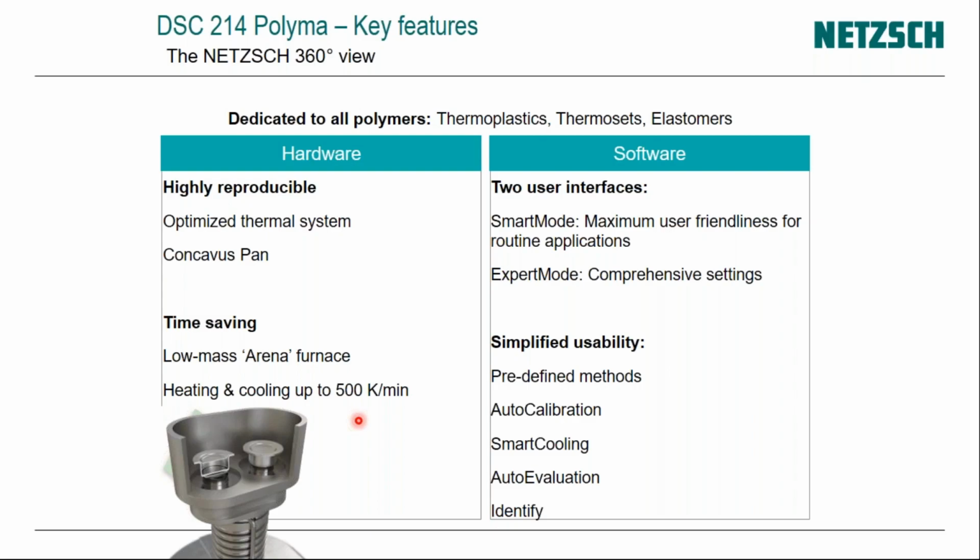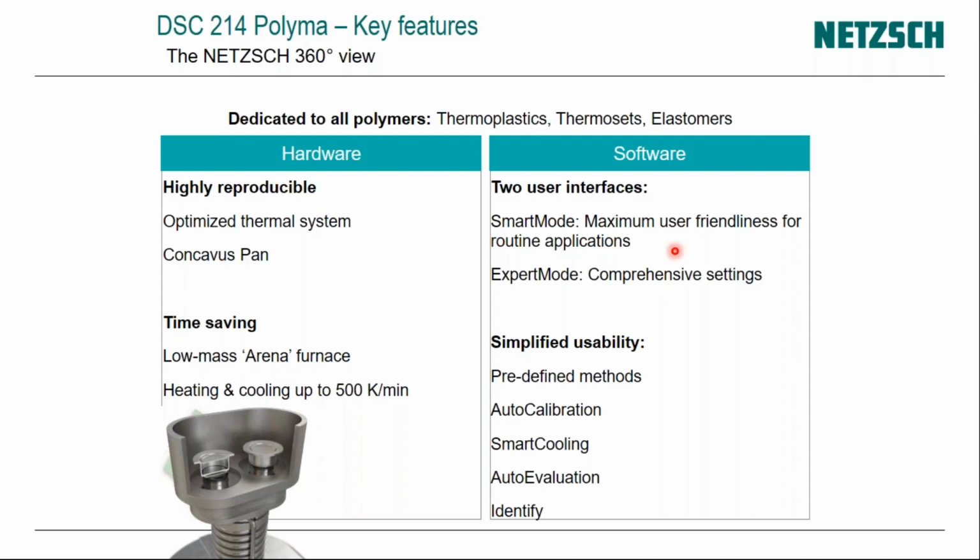But for certain experiments, depending upon the sample, we can even program very high heating as well as high cooling. So it's a controlled heating and controlled cooling that we do with our DSC. The furnace we have is a very low mass furnace. It's a very compact instrument, as I showed in the previous slide.